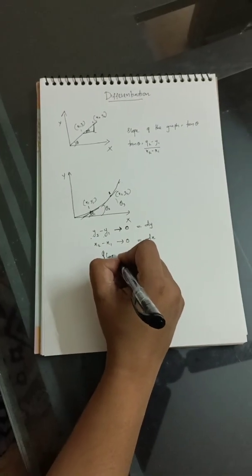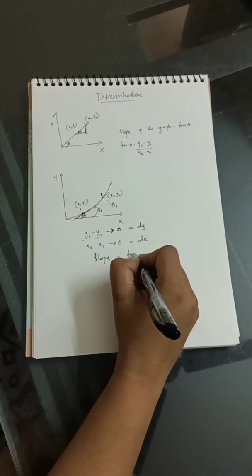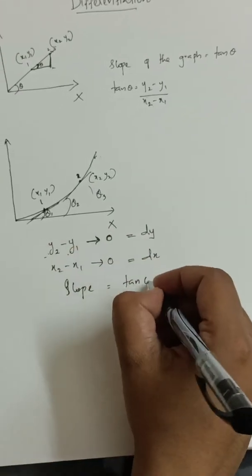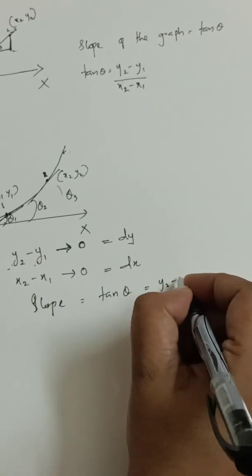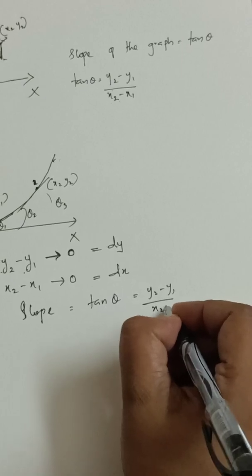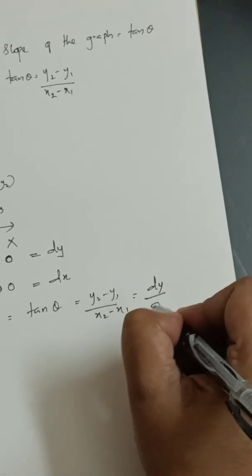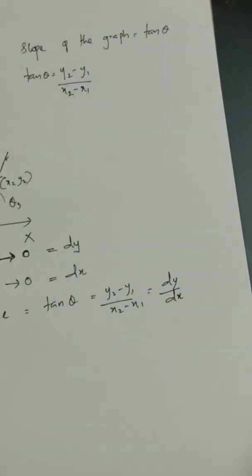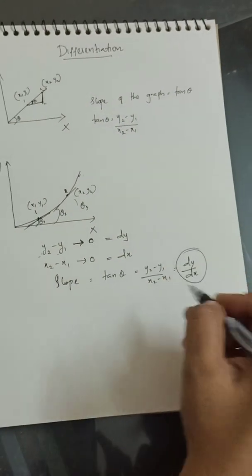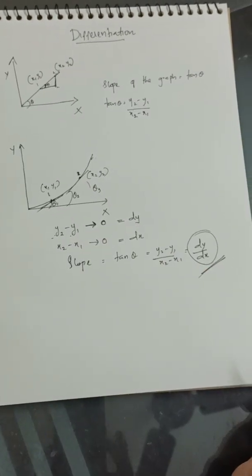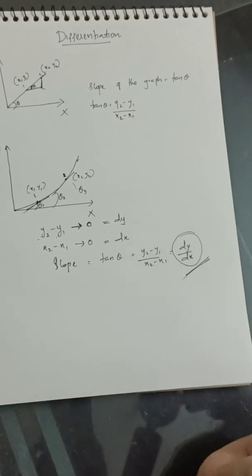Slope is equal to tan theta, according to the formula y2 minus y1 divided by x2 minus x1, which is equal to dy divided by dx. So that is the slope of the curve, and this is what we call differentiation, dy by dx.